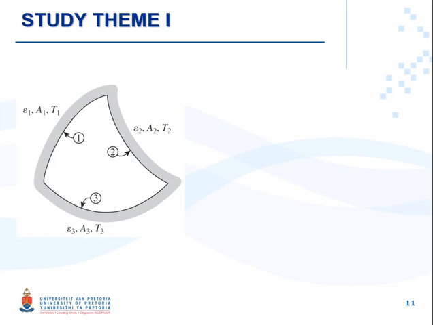Now it's time to study three-surface enclosures. This picture shows an enclosure consisting of three opaque, diffuse, and gray surfaces with uniform temperatures T1, T2, T3, and we also know all the emissivities.